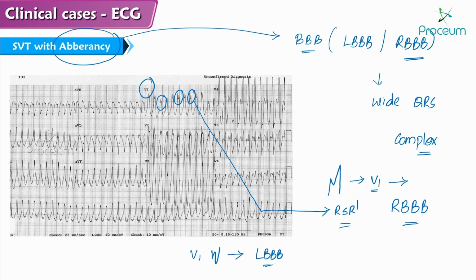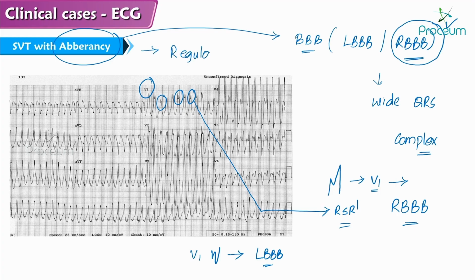Now to summarize this ECG, what will you tell me? It is SVT with aberrancy with right bundle branch block pattern. Why is it right bundle branch block pattern? Because you have an RSR dash pattern in your lead V1, which is nothing but your RBBB pattern. So this is how the ECG of SVT with aberrancy will be. And another point which is going against atrial fibrillation with WPW syndrome: in SVT with aberrancy, you will have a regular rhythm.